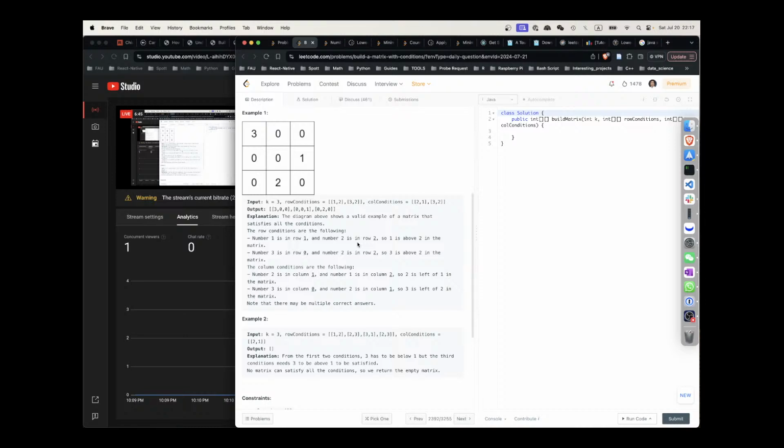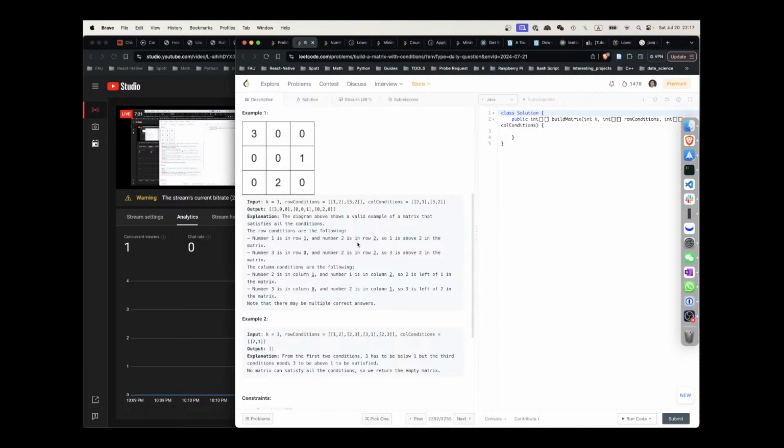So if we go through this and we find a loop, that means it's impossible. Yeah, I guess that will work, but you have to spend extra to see if there is a loop.